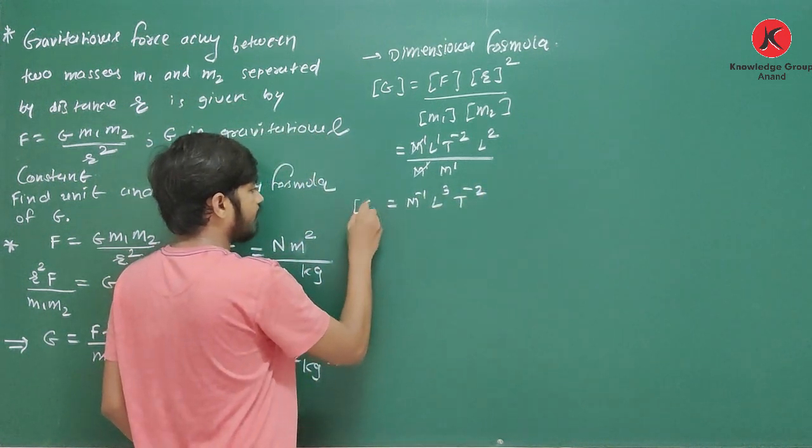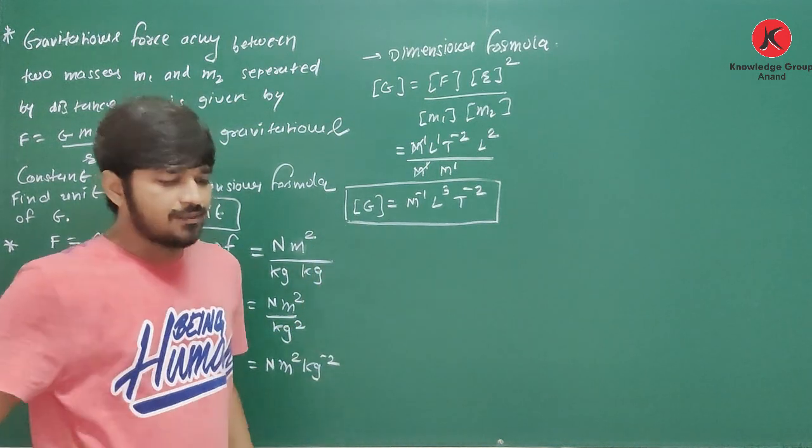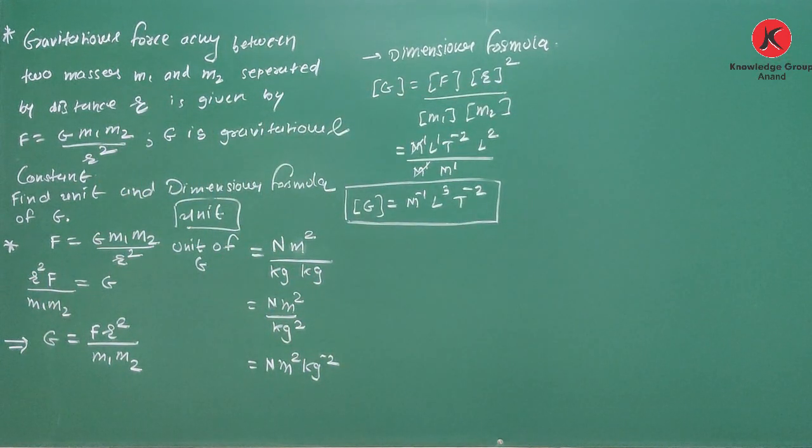So this is the dimensional formula of the gravitational constant. Clear about this? This method of finding the unit and the dimensional formula you have to remember.